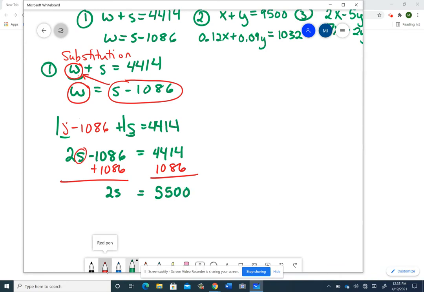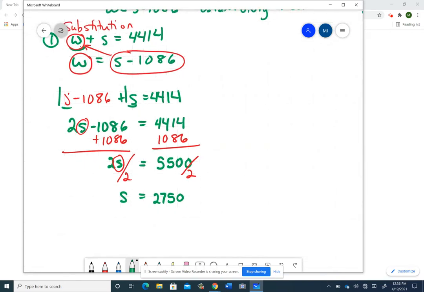I need to get the S by itself, so I got to get rid of the 2. And that's going to give me that S equals 27,500. Nope, I said that wrong. 2,750. Sorry, 2,750.